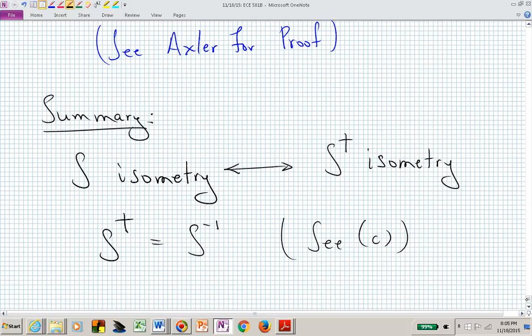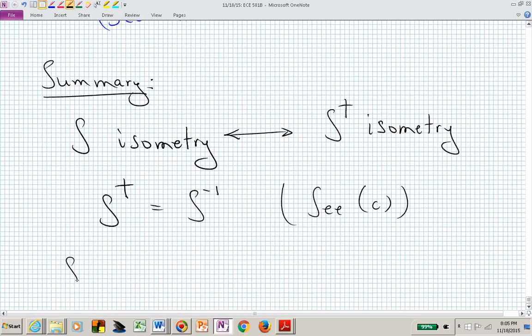If we look at S and its adjoint, they in fact preserve inner products.